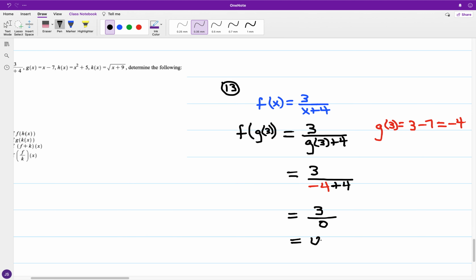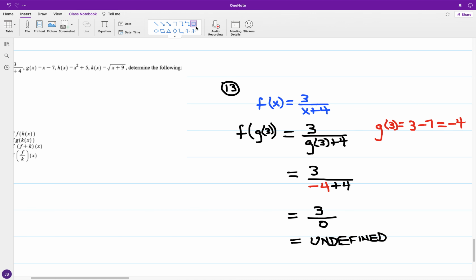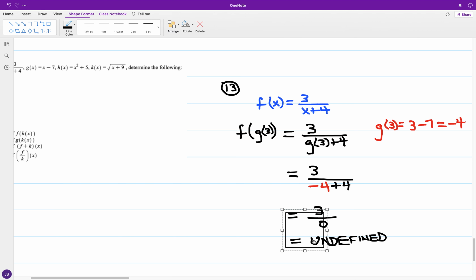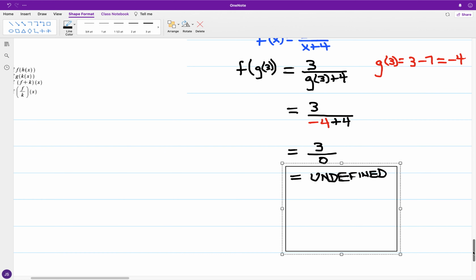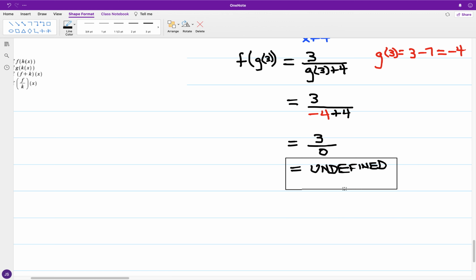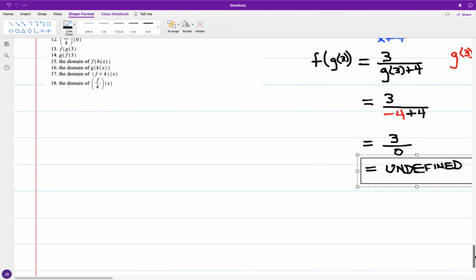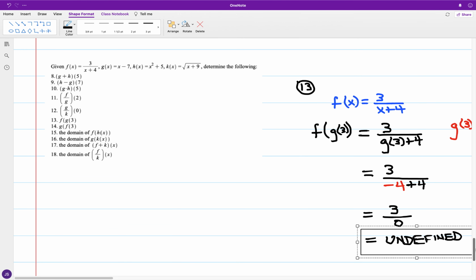Okay, this composition is going to be undefined. Okay. Now, reversing the order of the functions. Okay, so we're now looking at g of f of 3.